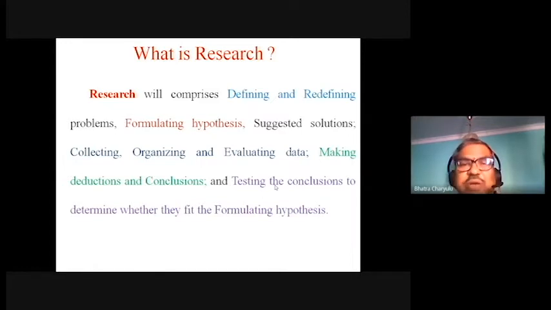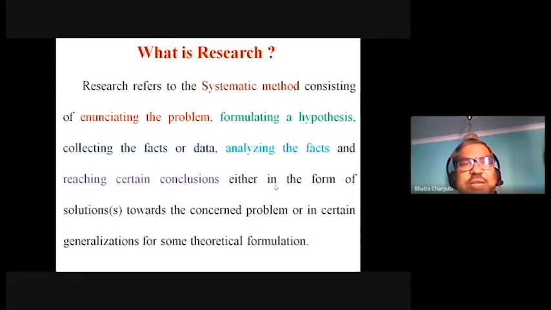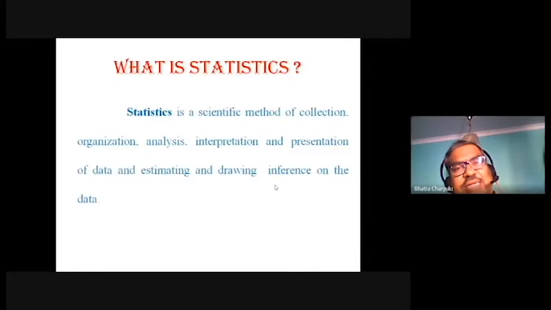Now, if we switch over to the statistics part, the definition: statistics is a scientific method of collection. This is the definition of statistics. That means we have to collect the information. What information do you have to collect? Because we have some statement which is to be proved or disproved.